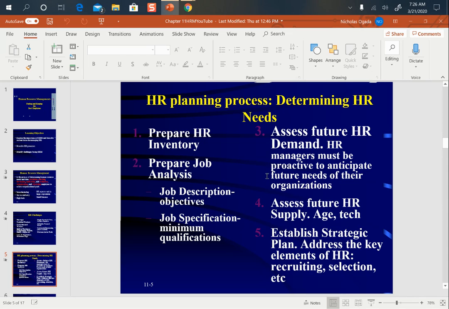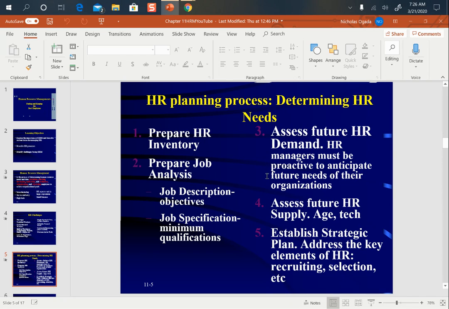Let's say it could be a case of education requirements. You want to also have that, so that this will guide you in trying to restructure a strategy for the organization. You want to prepare a job analysis. Basically, with the job analysis, you're trying to understand what people do in the jobs they hold.